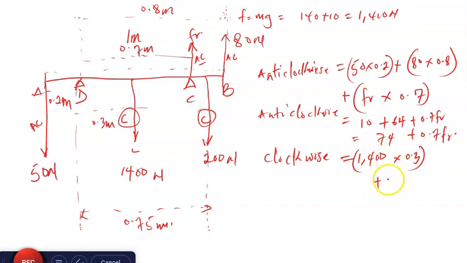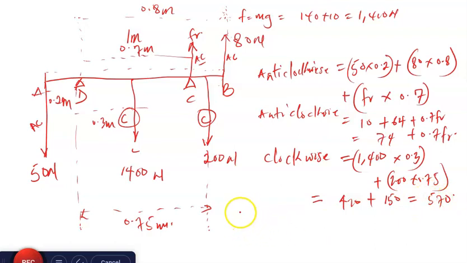Plus the other clockwise moment, that's the 200 times 0.75. So my clockwise moment should sum up to 1400 times 0.3, that's 420, plus 200 times 0.75, that's 150, which equals 570.